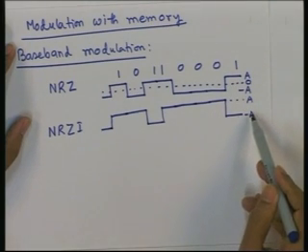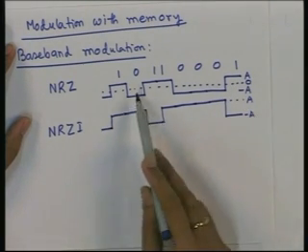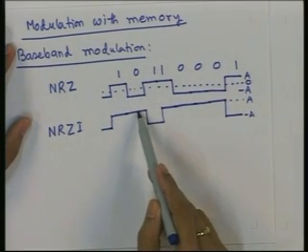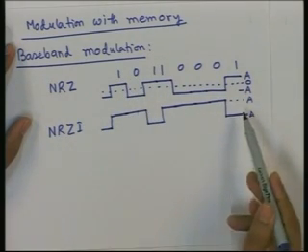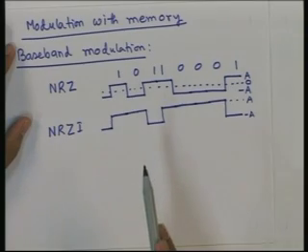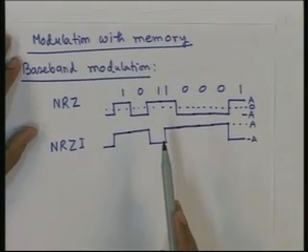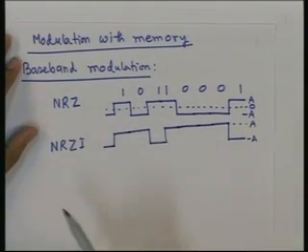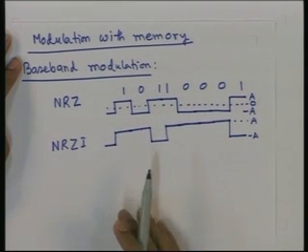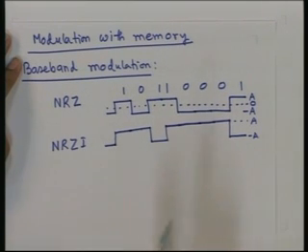So, for the same bit 0, sometimes we transmit 1, sometimes we transmit 0. So, it does not only depend on what we want to transmit, but it also depends on what we transmitted before. If 0 is to be transmitted, we keep the previous voltage level in this time slot also. So, that means we have to remember the previous voltage level. So, this has some memory.